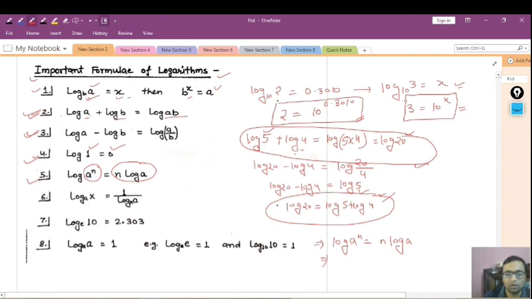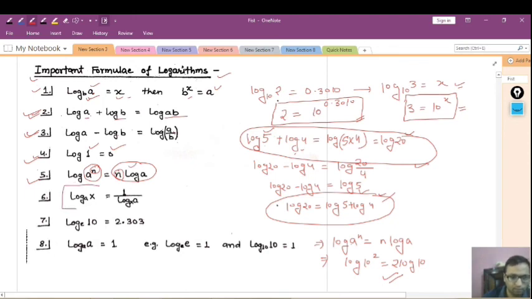Suppose in any question it is given that log 10 raised to the power 2, then you can write it as 2 log 10. Okay, so these are the properties. The power is always mentioned before the logarithmic function.